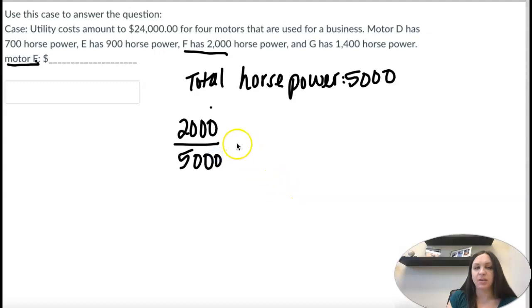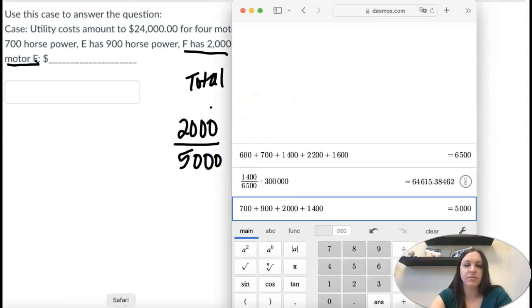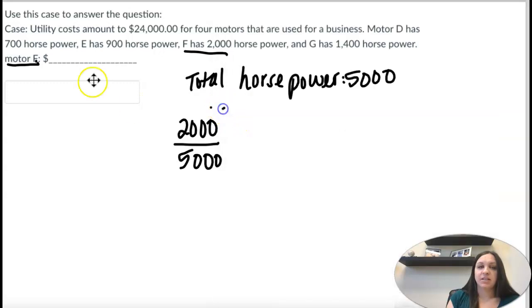We take 2,000 over 5,000, and that gives us a decimal or a percentage, so that's 40%. We're going to times it by the total, so 24,000. I did one too many zeros. Watch yourself. So the cost of motor F is $9,600.